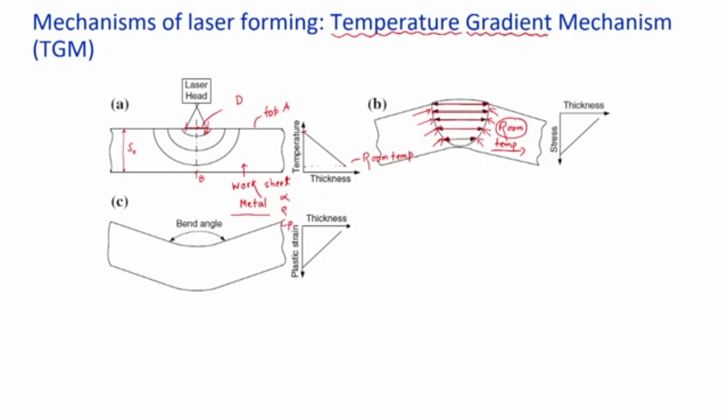And when the laser has just passed over the work material, after that the material will get cooled down, and due to these compressive stresses, a plastic deformation will occur towards the laser head. So, here is the laser head, and we are getting the plastic deformation towards the laser head.